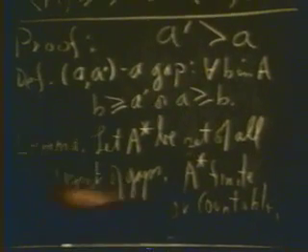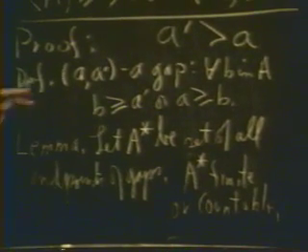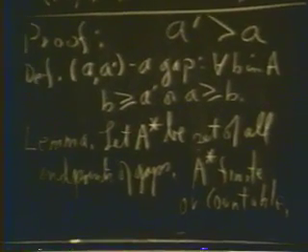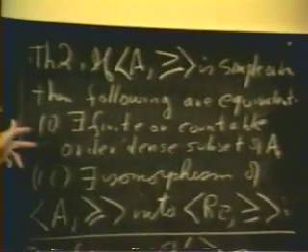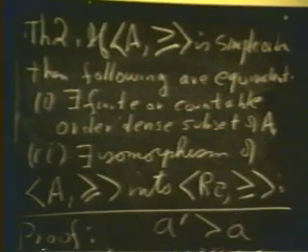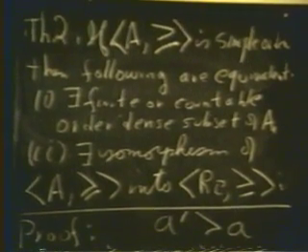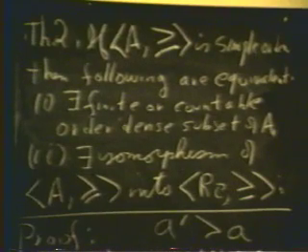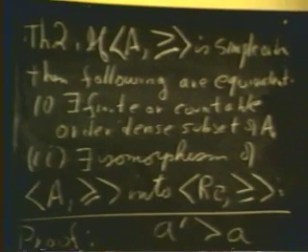Now, the proof, of course, breaks into two parts. We need to prove that the set of endpoints is finite or countable under condition 1, that there exists a finite or countable order-dense subset of A, and then under condition 2, that there is an isomorphism. We'll just really consider condition 1. The argument for condition 2 is like the familiar argument about the rationals.